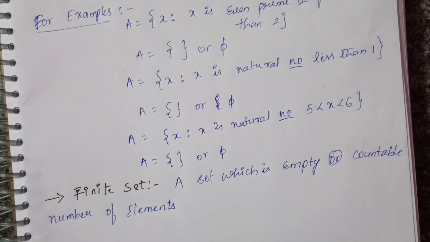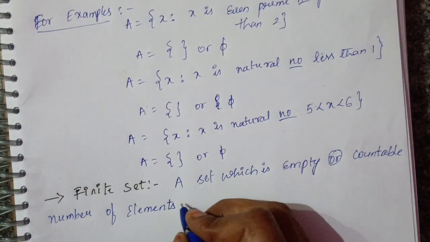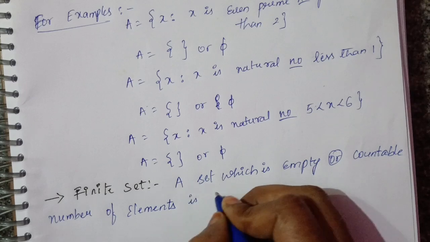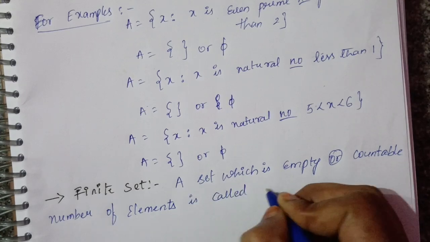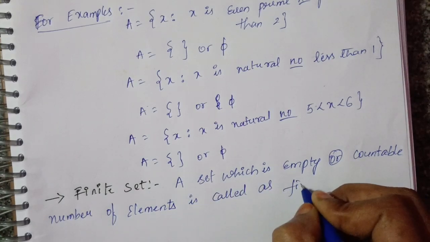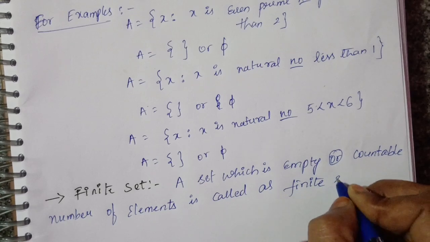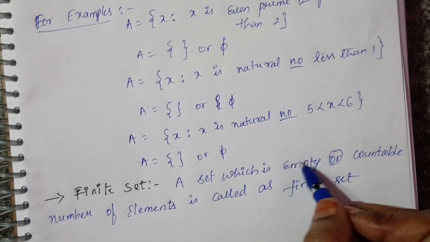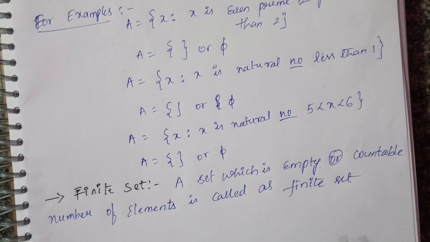A countable number of elements is called a finite set. If it is empty, we also call it finite, or a countable number of elements is called a finite set.